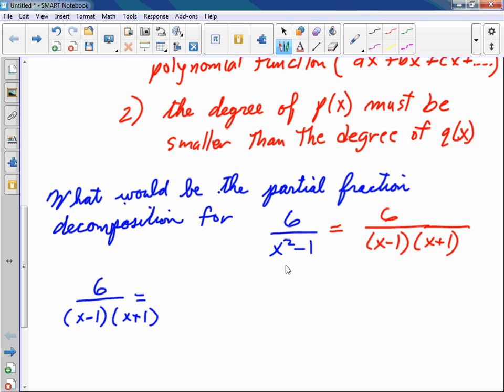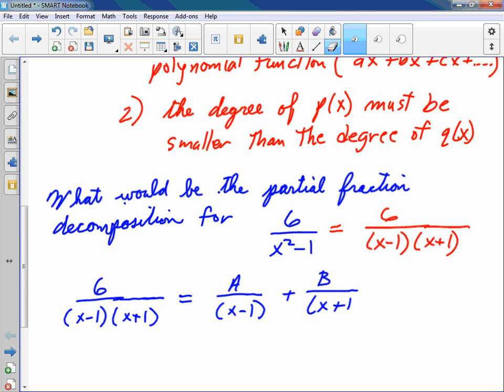And we can say that just like our 5/6 example that we had earlier, that's equal to some a value. And we don't know it yet. We're going to find it. Plus some b value over x plus 1. And these values will be constants. And we can solve them. But right now we don't know them.